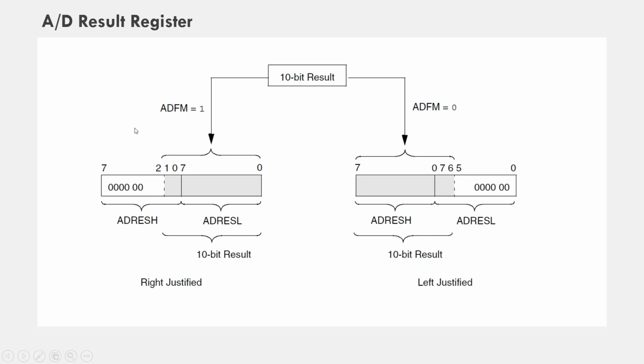If this bit is set, then the result is right justified, meaning the 8 bits of the analog result are in the ADRESL register and 2 bits in the ADRESH register. In this way the result is right justified, and the upper bits of ADRESH are read as 000000. If the ADFM bit is 0, then the result is left justified, so the 8 bits of the result are in ADRESH and the 2 bits are stored in the ADRESL register.